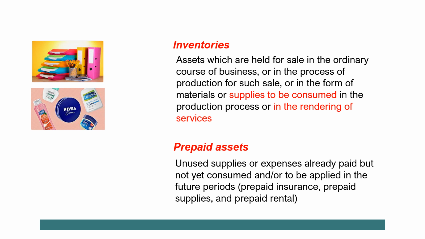Same with prepaid supplies: whatever was left at the end of the period is your prepaid supplies. Then you also have prepaid rental. You will learn more of this when we prepare adjusting entries.